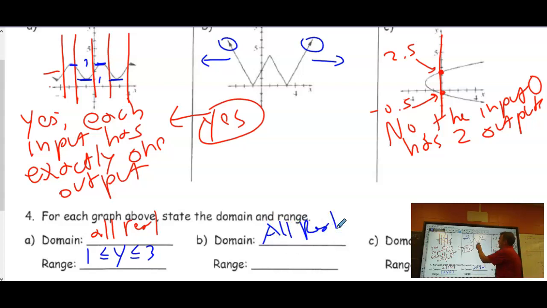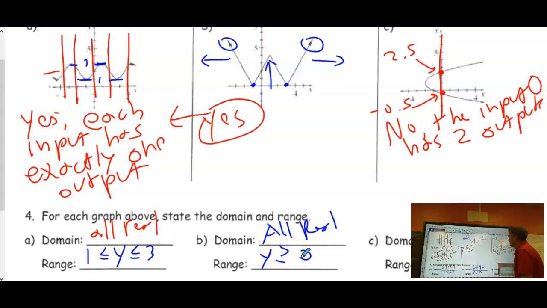However, this one has a lowest y value. At these 2 points is the lowest y value, which means the range is all bigger than those 2 values, or all the y values are greater than or equal to 0, being the range.